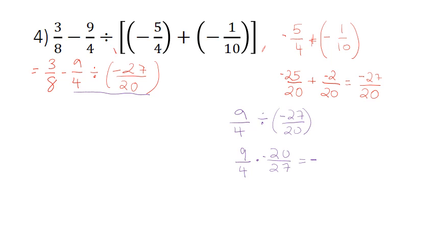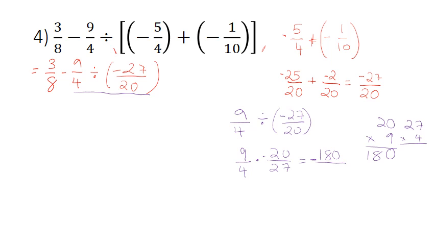9 times 20. Well, we know 9 times 2 is 18, so we would just add a 0 to that and it'd be 180. But if you want to see it, I'll do it. 9 times 0 is 0, and 9 times 2 is 18. So here we have negative 180 over whatever 4 times 27 is.